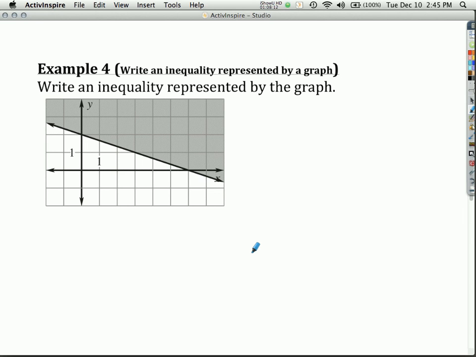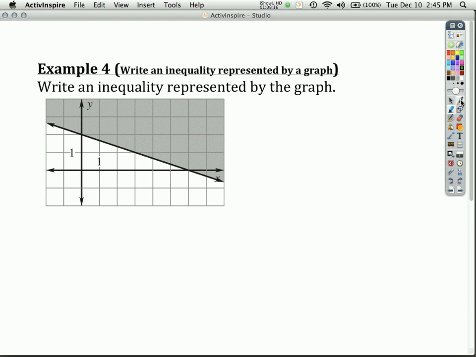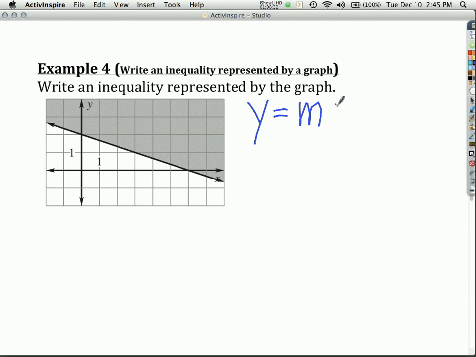And this is what we learned in chapter 5. The entire chapter was how do you write an equation when you are given different pieces of information. When we're given a graph, that was the easiest situation for us to write an equation from. So we want to write y equals mx plus b, and then we'll deal with this symbol at the end.